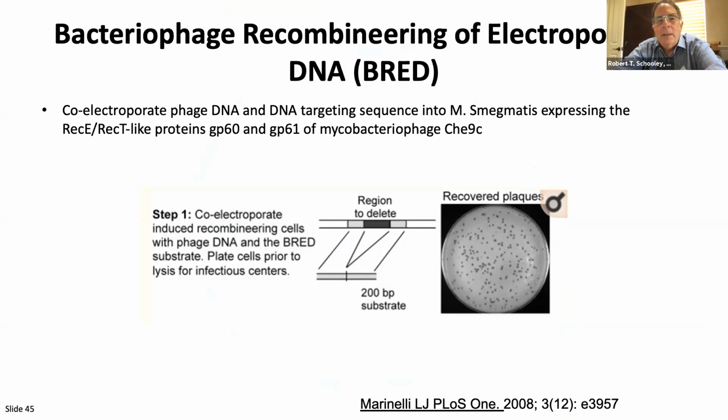phages and take out the genes that allow the phages to become lysogenic. And what he essentially does is he takes phages, puts them into a permissive mycobacterial organism and electroporates in segments of DNA that he wants to excise from his organism.